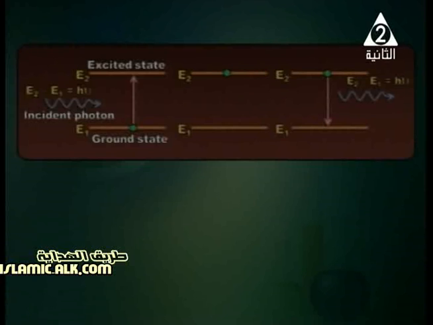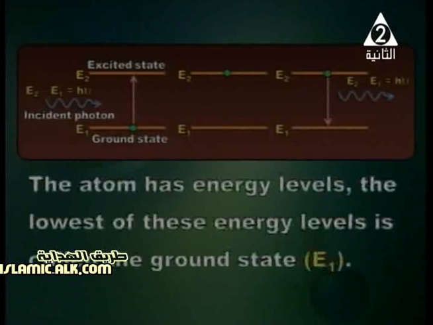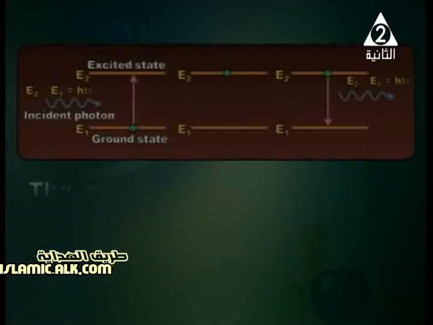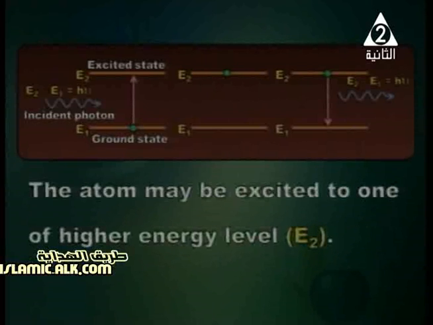Never forget that any atom has many different energy levels. The lowest of these energy levels is called the ground state, and it is denoted by E1. The atom may be excited to one of the higher energy levels.